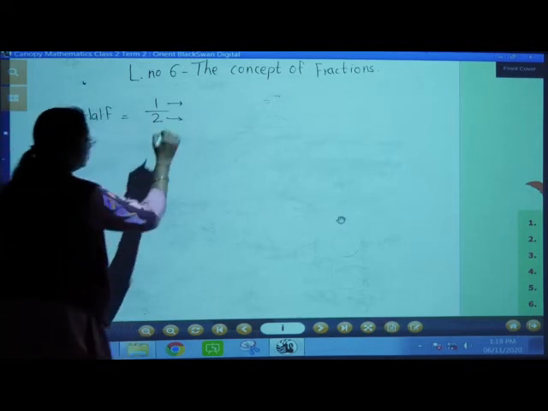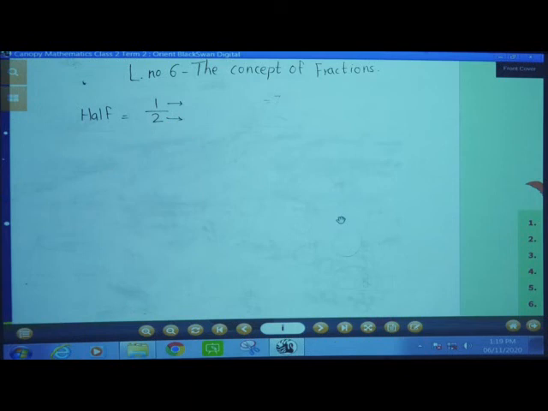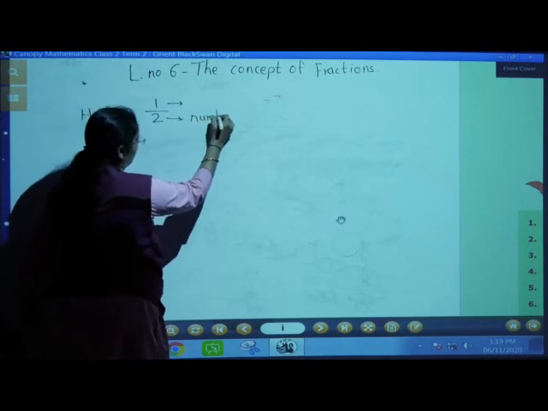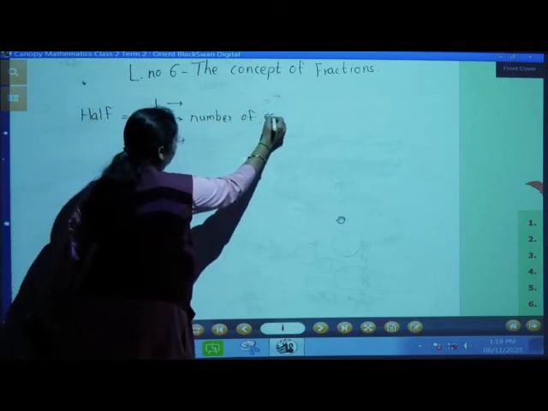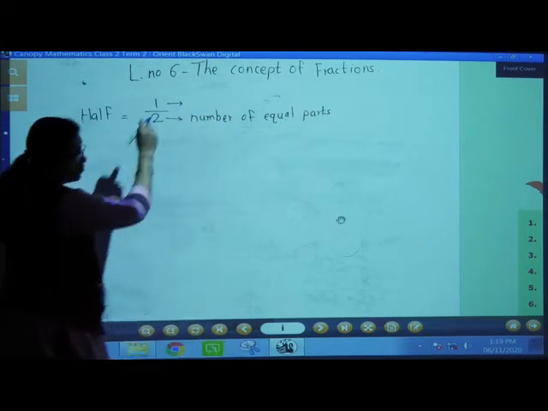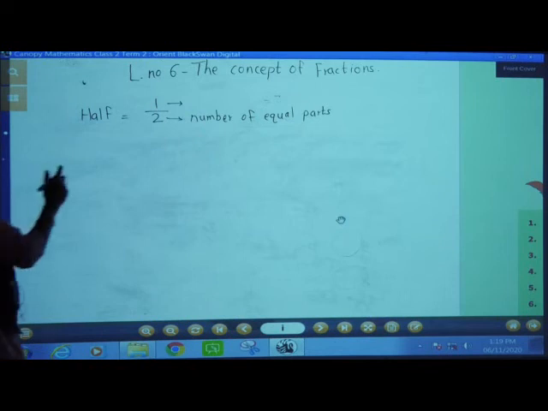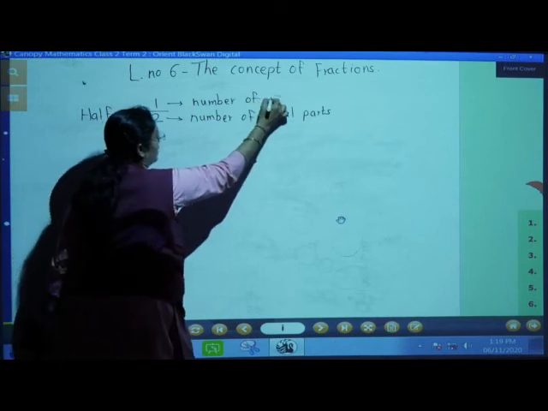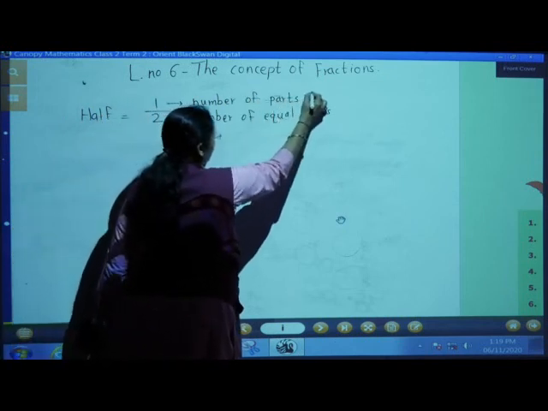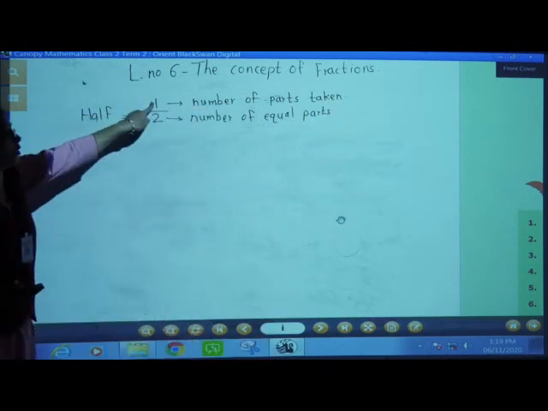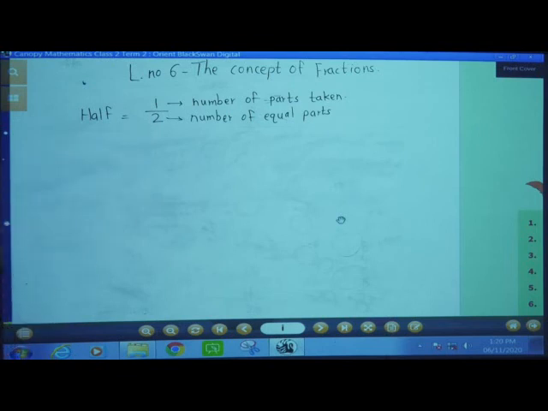And this 2 is the number of equal parts, and this number 1 is the number of parts taken. This is called numerator, and this is called denominator. Okay?